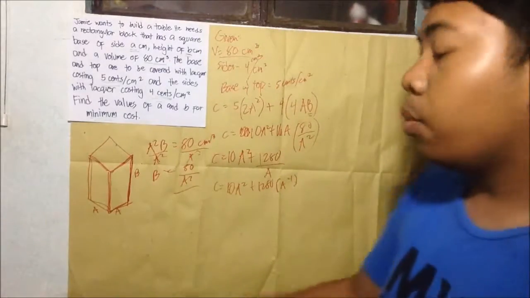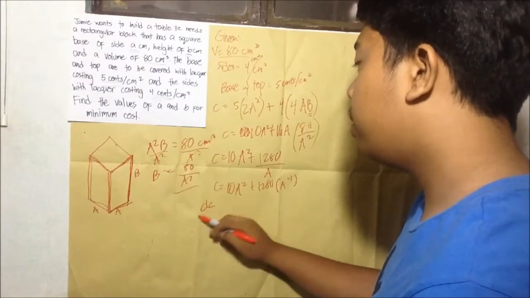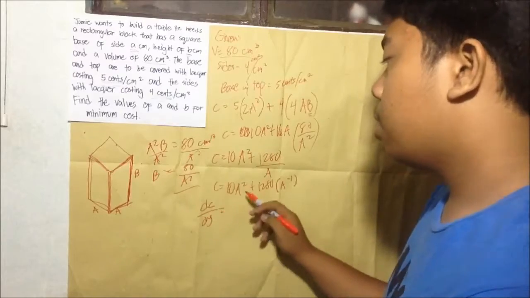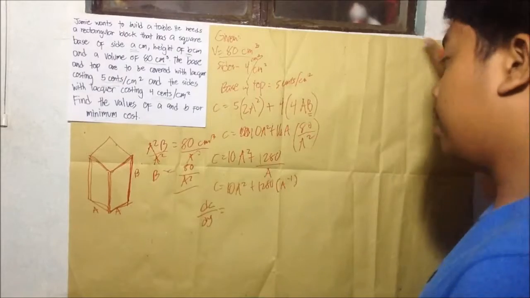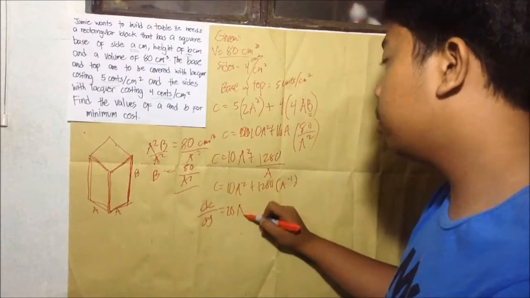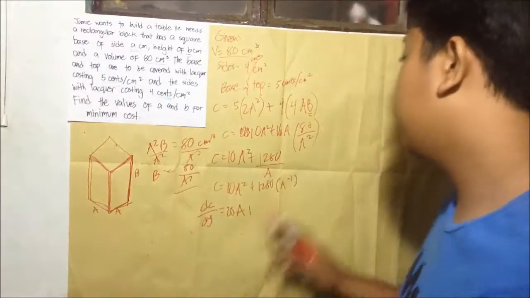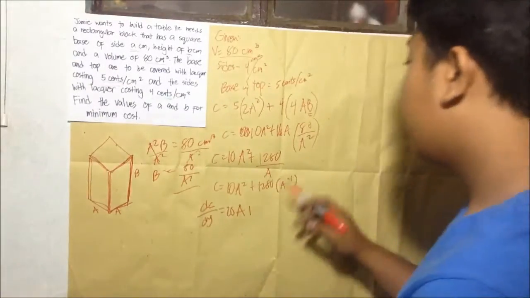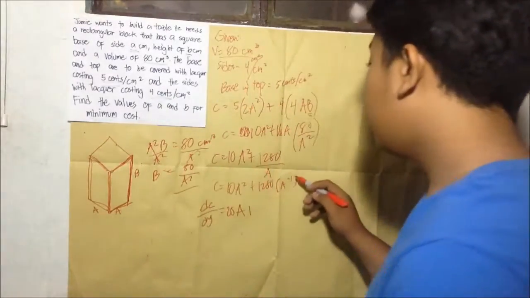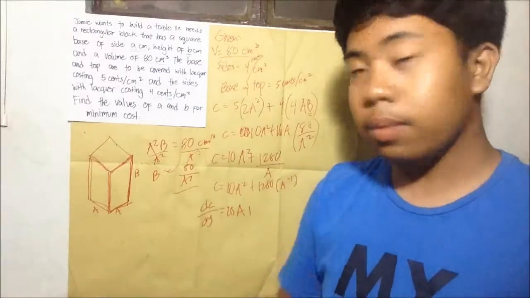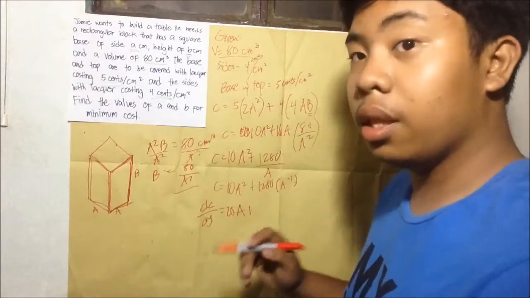Next, we will apply differential calculus. We will now get the derivative of C using the power formula, which is 20A plus, never forget the power formula. Since A is raised to negative 1, we subtract 1 from the exponent and multiply it by the coefficient.